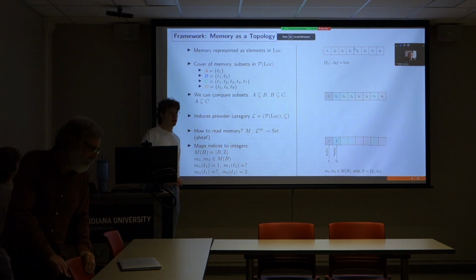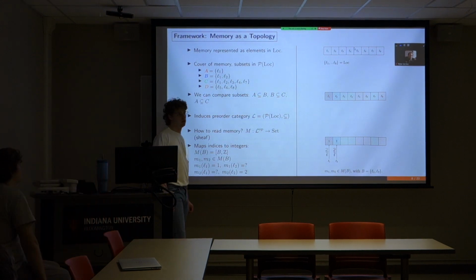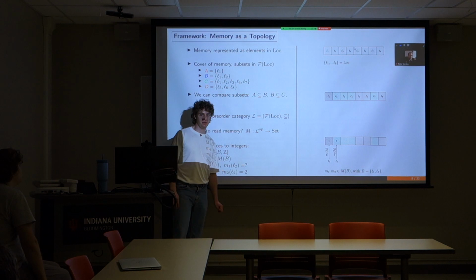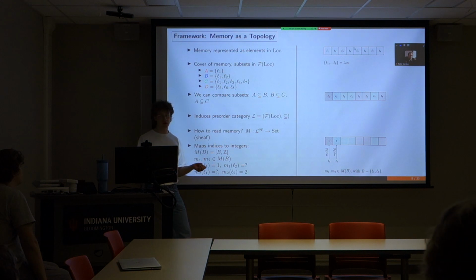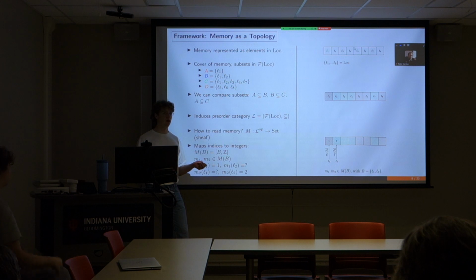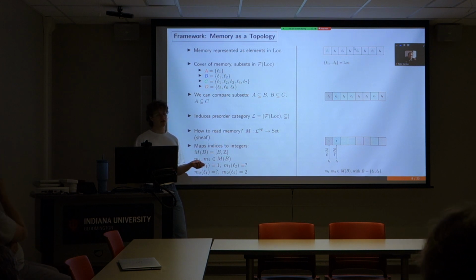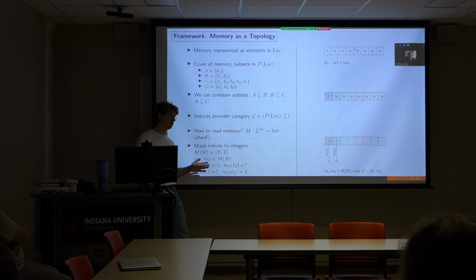So just to recap, we have memory defining its topology, and we have a way of seeing what kind of contents is stored in the memory. We also have a way of making a local specification of the memory by restricting the maps that are defined on some larger memory to see how they are defined also on a smaller memory.